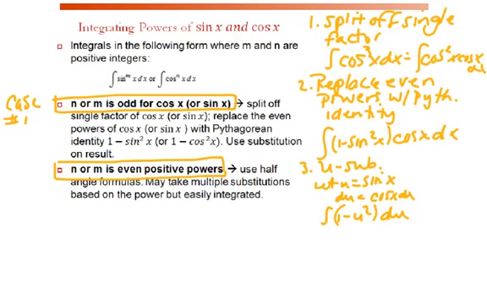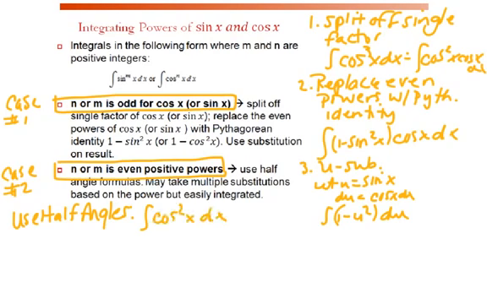There we're going to go straight to using our half angle formulas. So for case 2, we're going to use half angles. If I've got the integral of cosine squared x dx, picking on cosine, we're going to make the substitution and rewrite it.